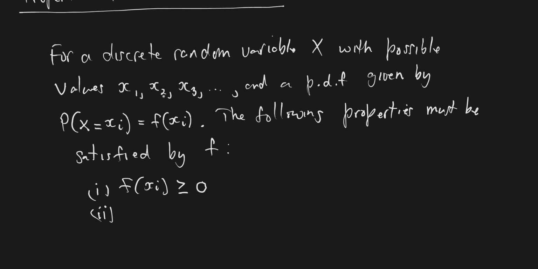Whether it's a finite sum or an infinite sum, which would be like an infinite series, which regardless, if I do like over all xi and I sum up these probabilities, I must get a value of 1, right? So this is, again, from our axioms of probability, right? And these are the two main properties of the PDF.